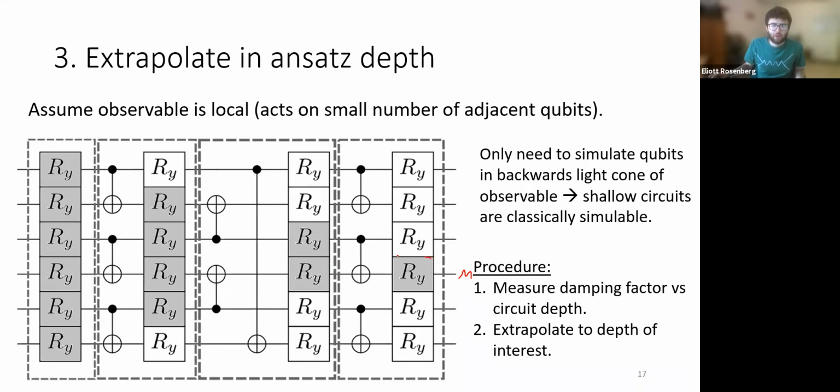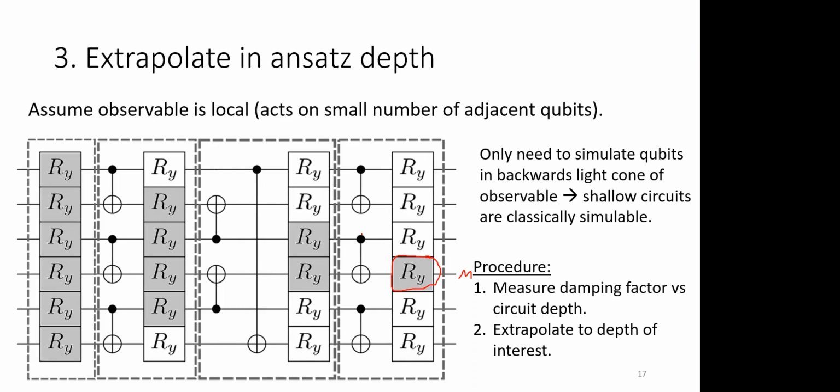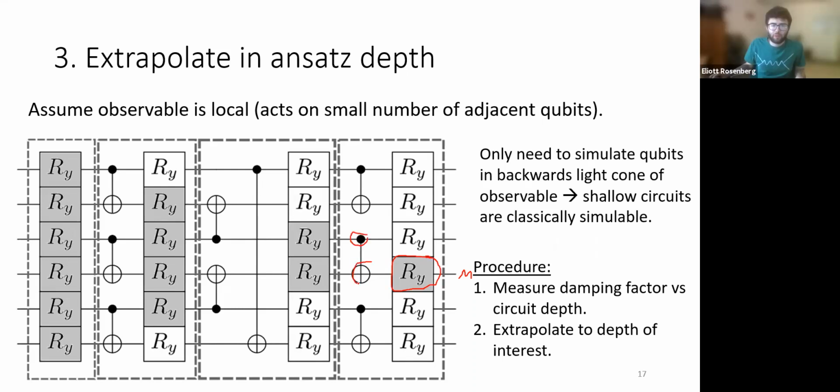So right here, just this gate affects it, and then we go back and we see that these qubits are now connected, and so this qubit and this qubit are going to affect this measurement. So now we have these two. And then if we go back another one, now these two-qubit gates connect this qubit and also this one. And so now we have this.